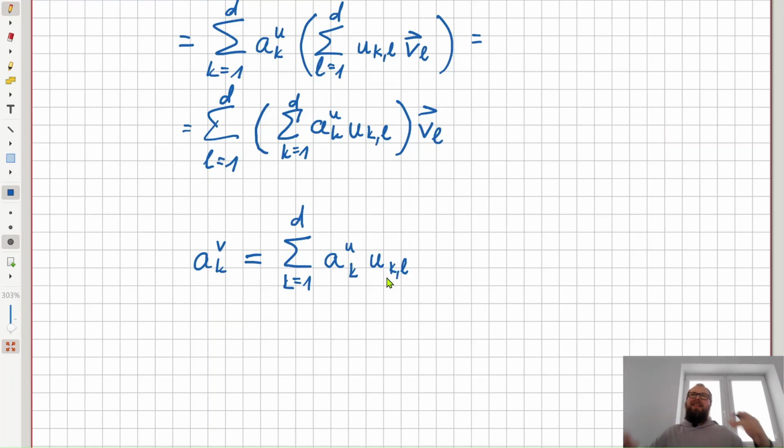And with those, you can calculate this sum here. And this is how you, so this is the same vector, but with a different representation, depending on the choice of basis. Wow, that's all for vector spaces.